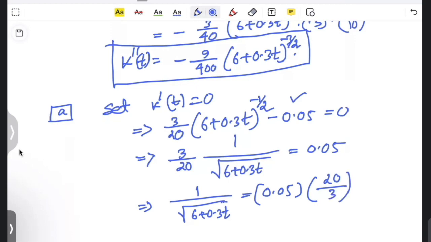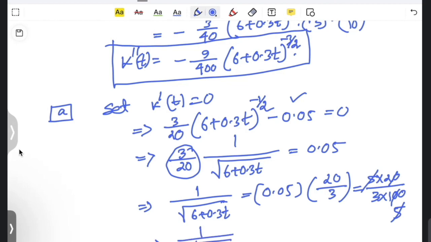From the left side I take this to the right side, it becomes the opposite fraction. So the calculation is 5 into 20 divided by 3 into 100, so 5 cancels, giving 1/3. So 1/√(6 plus 0.3t) equals 1/3.